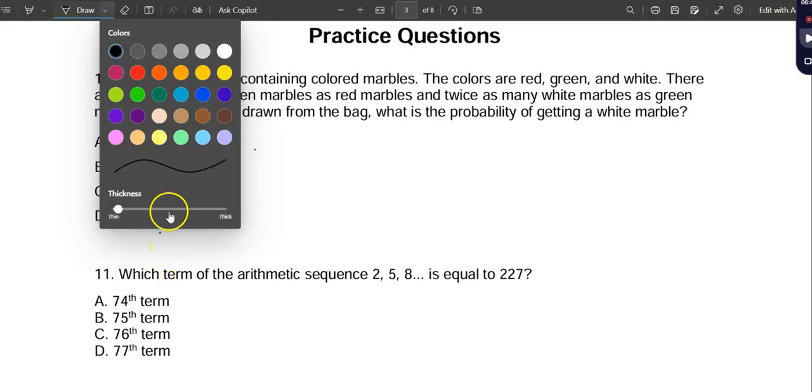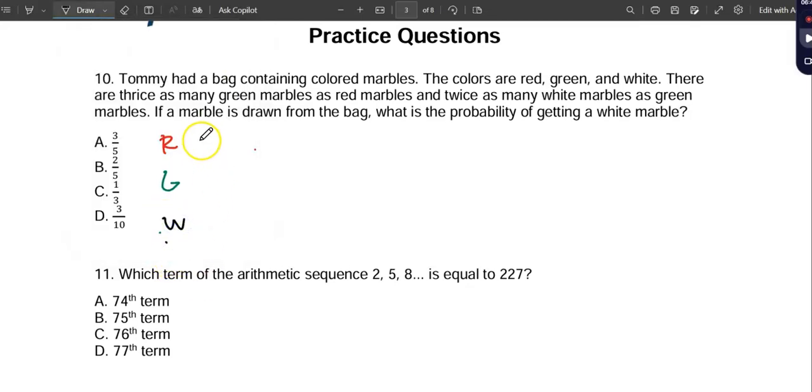There are thrice as many green balls as red marbles, and twice as many white marbles as green. So, asan dito yung hindi nabanggit? Yung hindi nabanggit, si white.